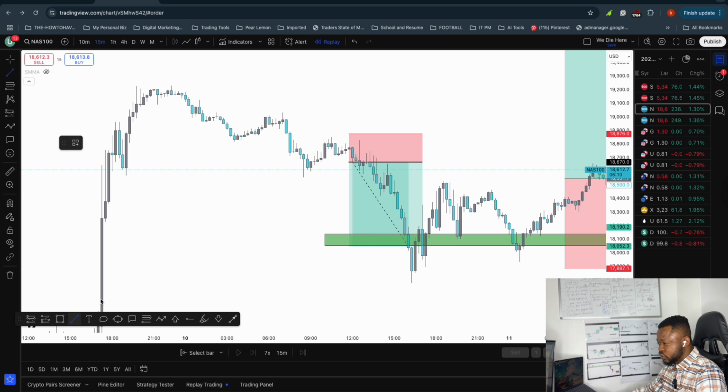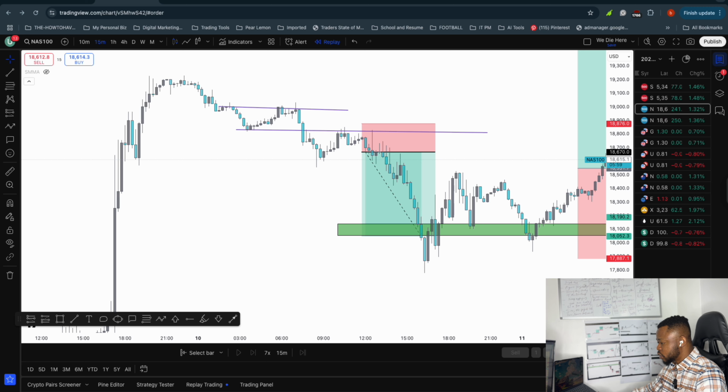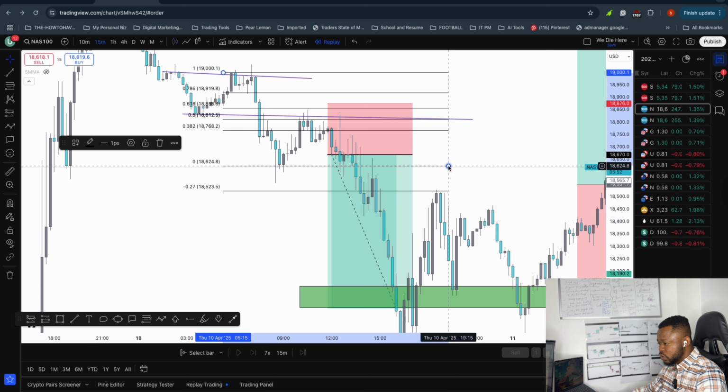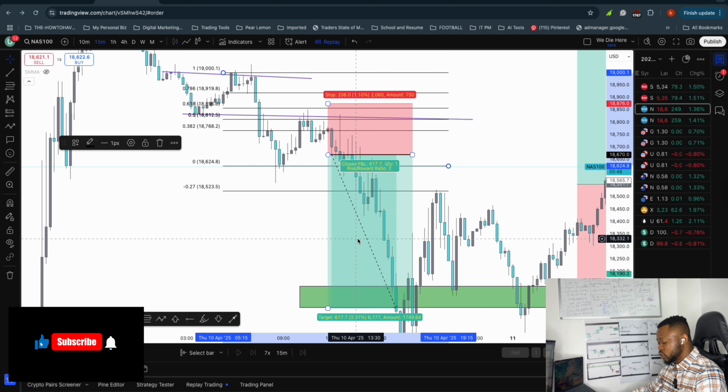Why I decided to sell this was we have a double top here, one, and a broken structure here, two. So I was waiting for price to come back to this area for corrections. So swing high, swing low, 50 extension, set the sell stop, and boom, we had a 1 to 3.